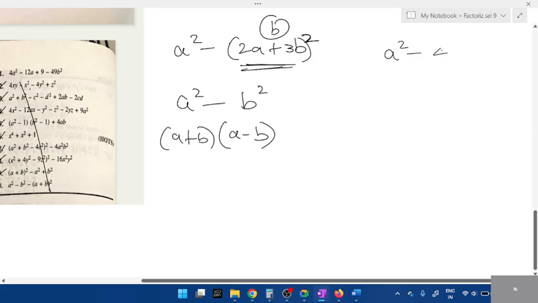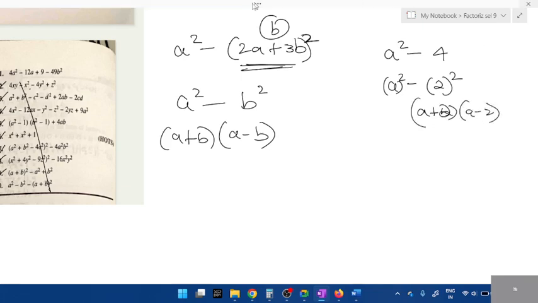If I write like this, how do you solve this question? A square minus, how do you write 4? 2 square. So the answer is a plus 2 into a minus 2, right?